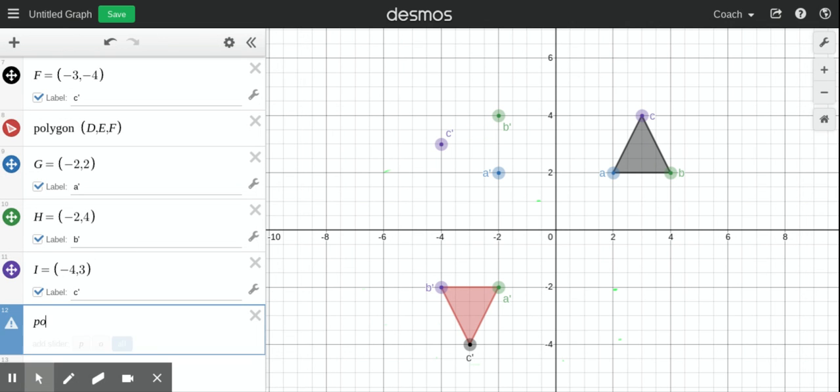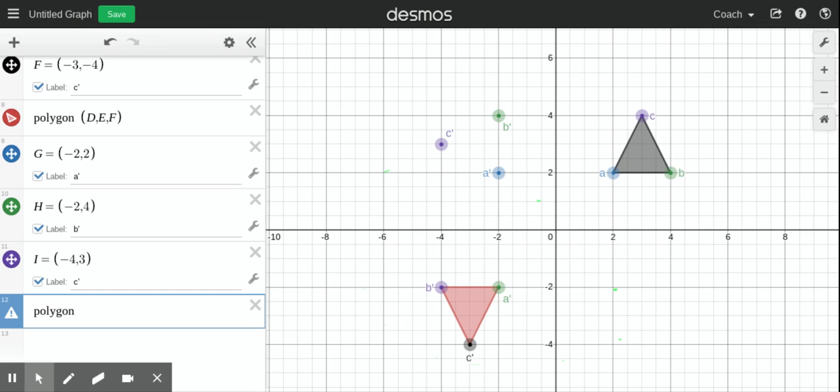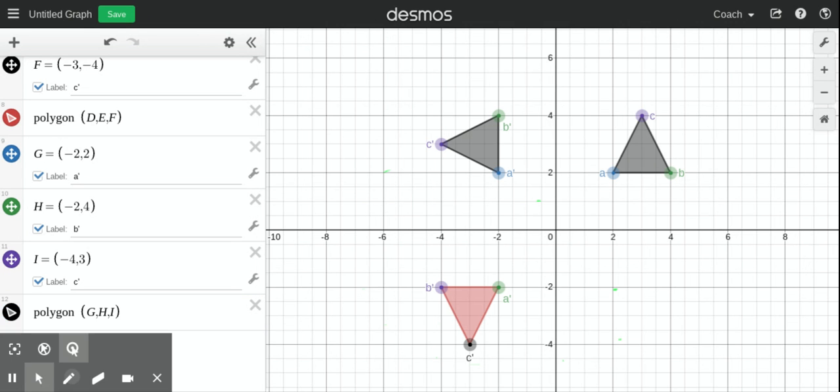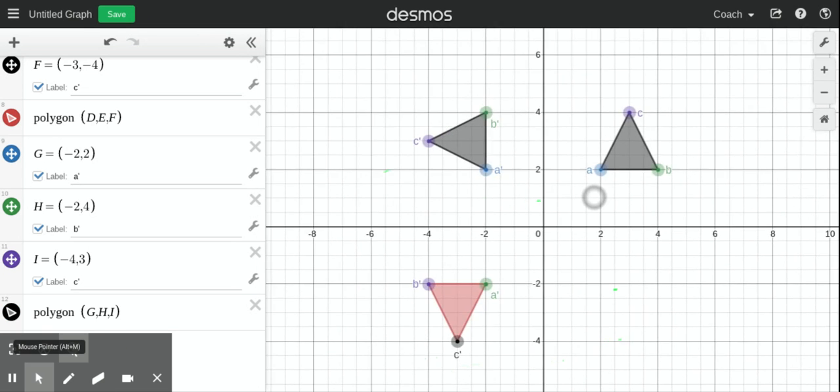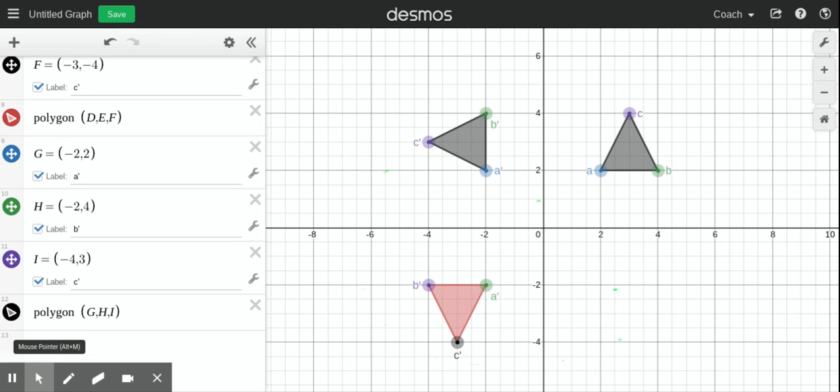So let's see if we can make this one G, H. So we started with the original gray one right here in quadrant 1.